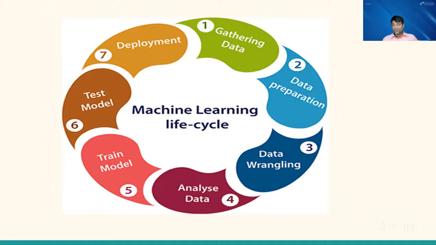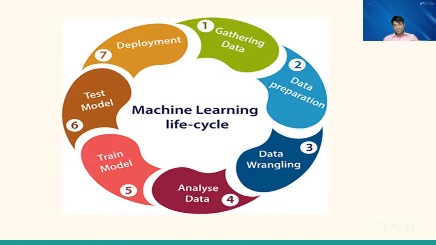Then we train the models using machine learning and deep learning techniques, and then we test the model. Then we deploy the project and try to predict. Since we understood the business problem correctly and gathered the data correctly, obviously all the other things will go smoothly as per plan or process.